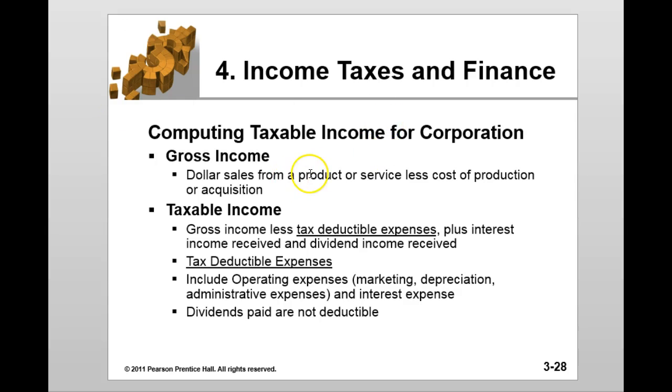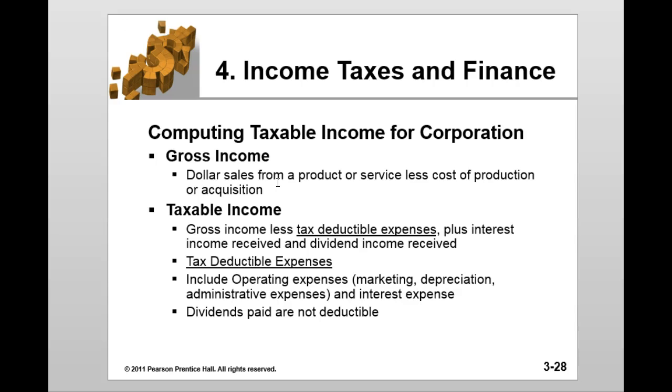So income tax, many decisions have been made about what to do with a company depending on how it affects their income tax. In fact, we have an activity of that for this week, which we'll talk about in a bit. So first you have gross income, and that's everything from what you've done less your production.